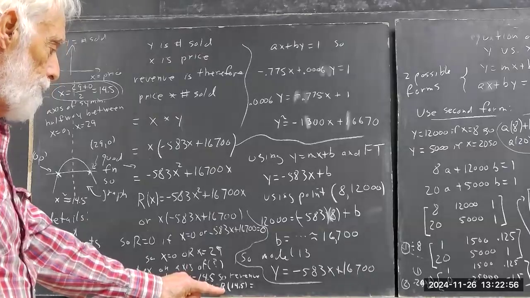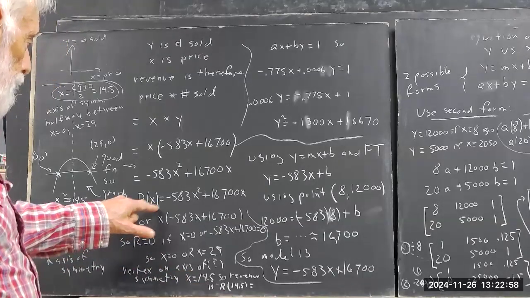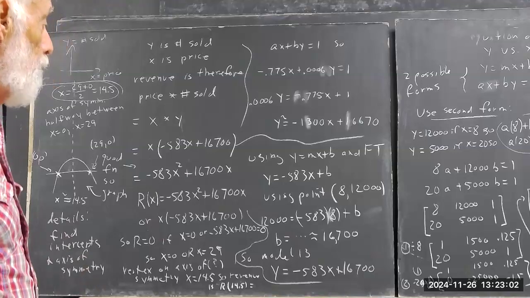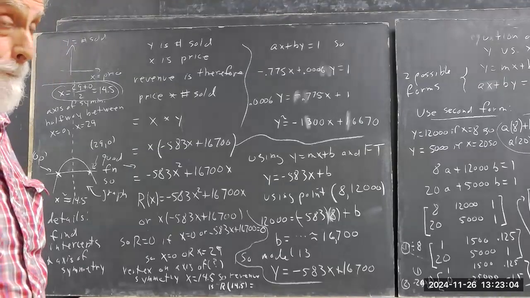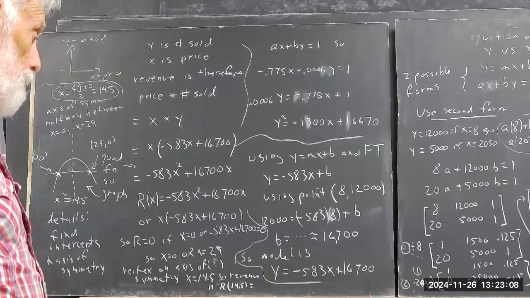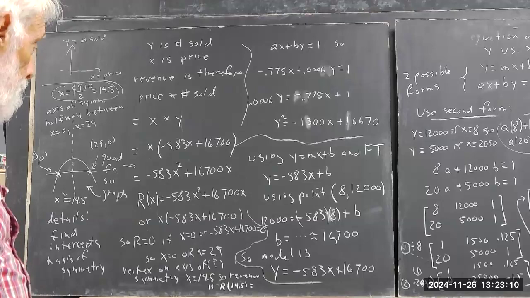Well, the revenue is R of 14.5. That means we put 14.5 in for X. Okay. Now 14.5 squared is around 210.